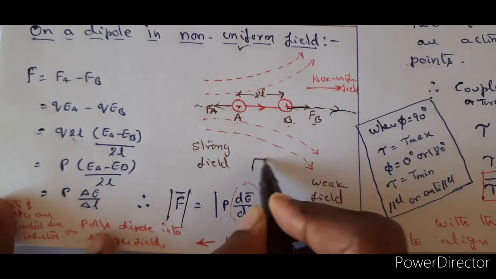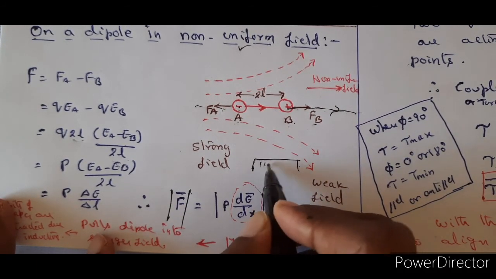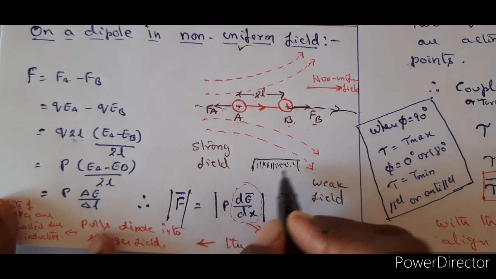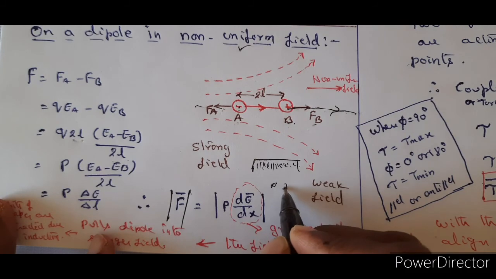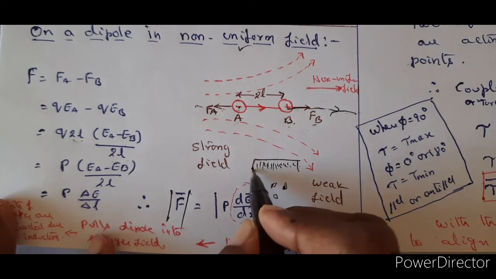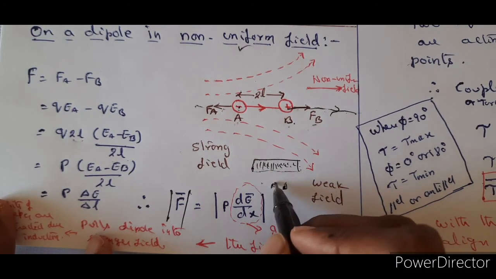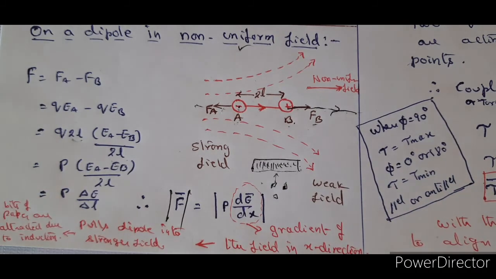See, suppose you have a comb here, and now you have bits of paper, and these are going and sticking to it. Why is it happening?